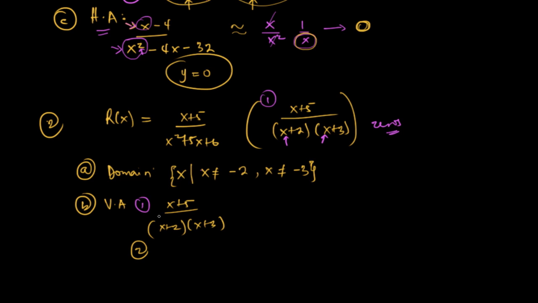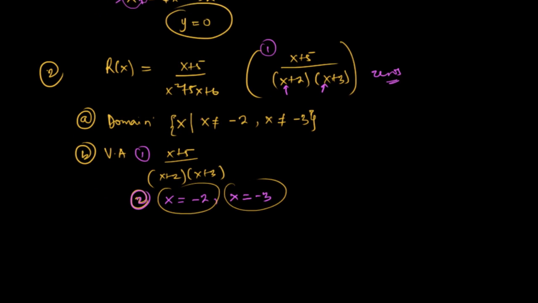So the next thing is to find the vertical asymptote, which is just the zeros of the denominator. That is x equals negative 2 and x equals negative 3. That's your vertical asymptote.